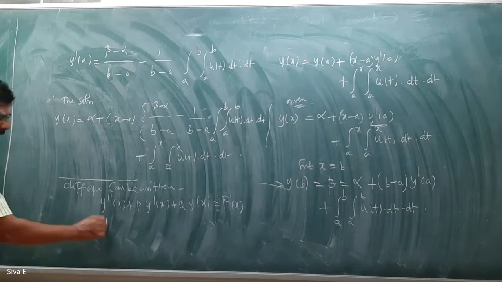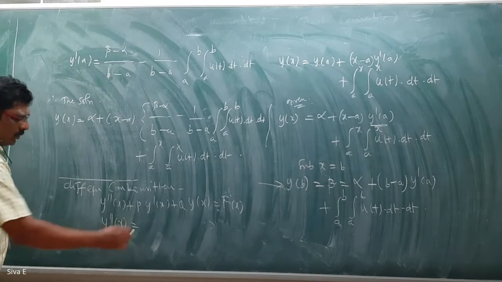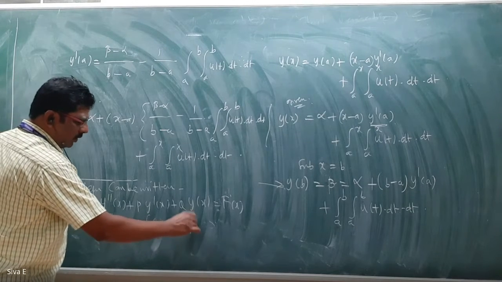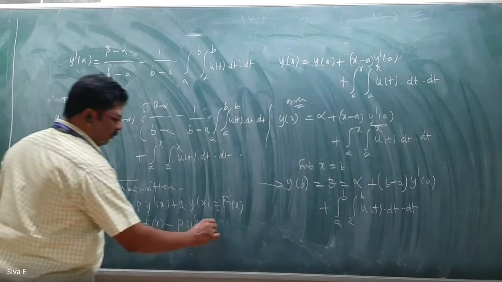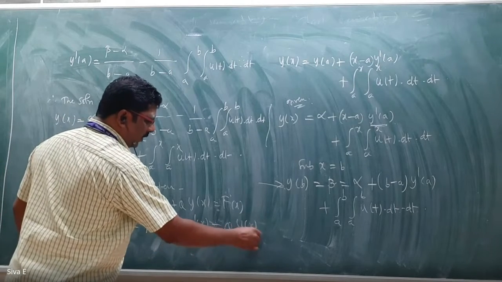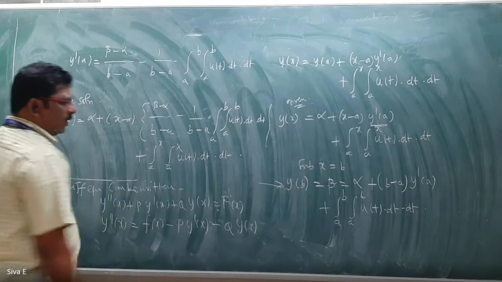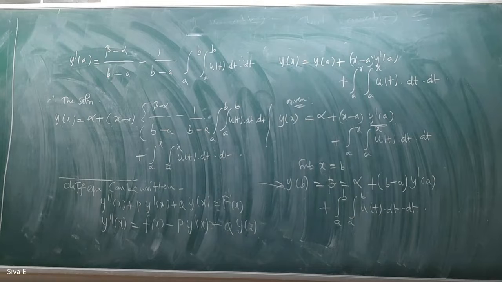Therefore, y double dash of x equal to f of x minus p y dash of x minus q y of x. Now you can substitute that y dash of x, y of x here. Then what you get?